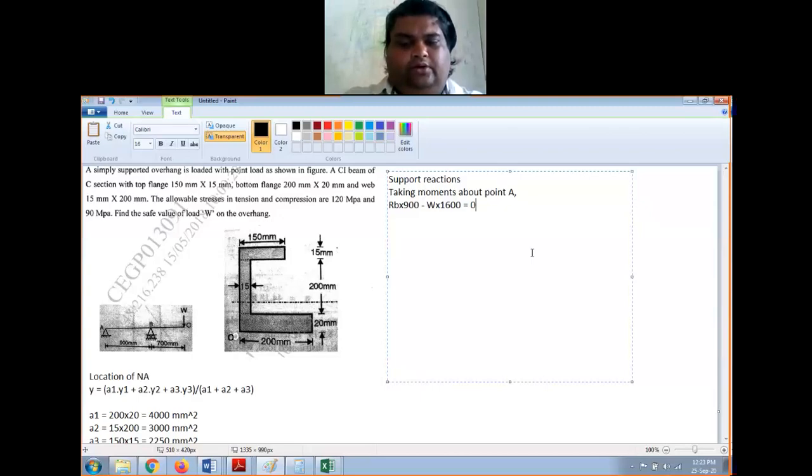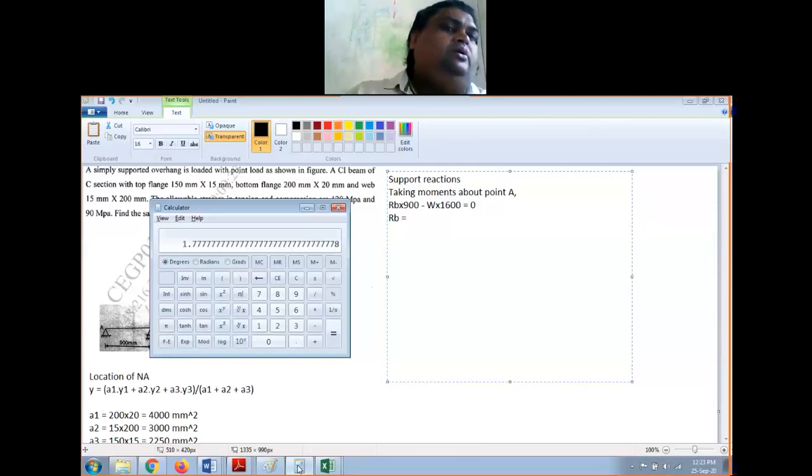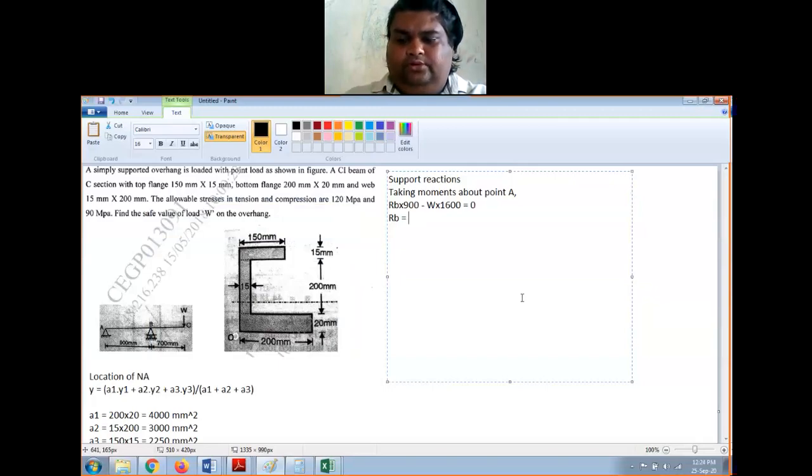Or RB is equal to 1600 by 900, which is a proper fraction, so 16 W by 9.